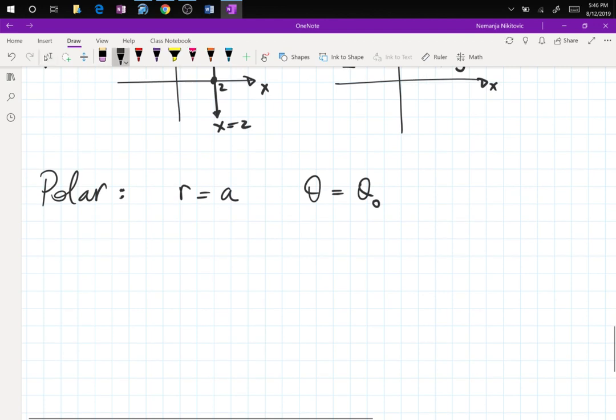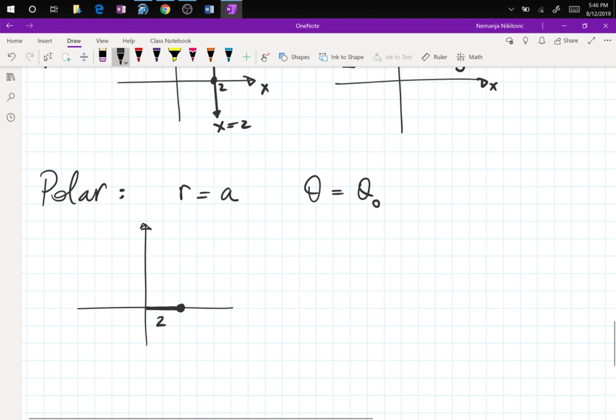So now if I draw this and I, let's say, extend 2 units, and it's possible to have any value of theta from 0 to 2 pi, what should I draw?